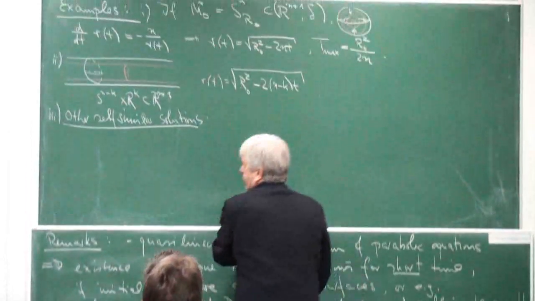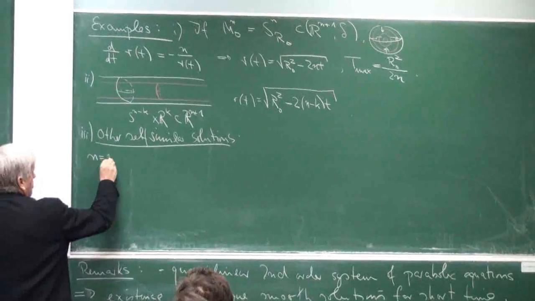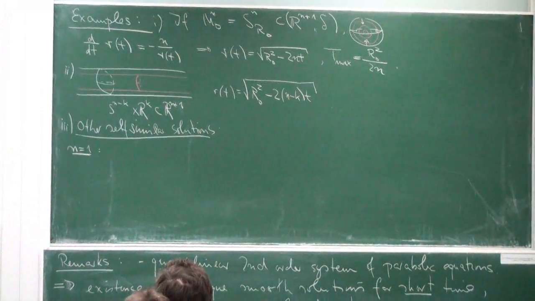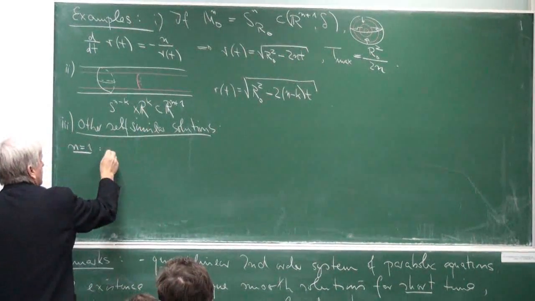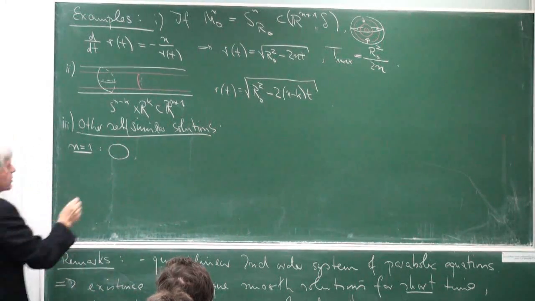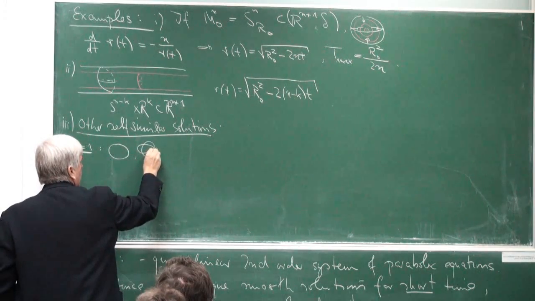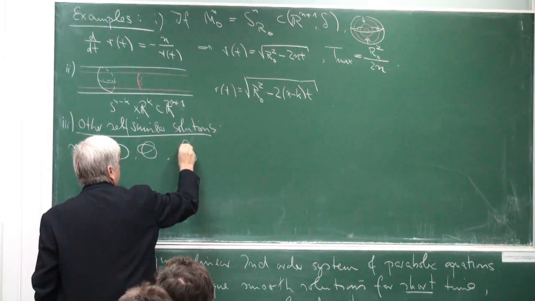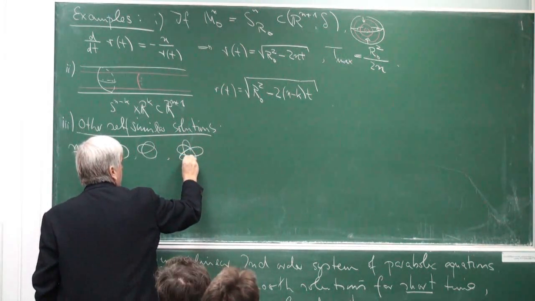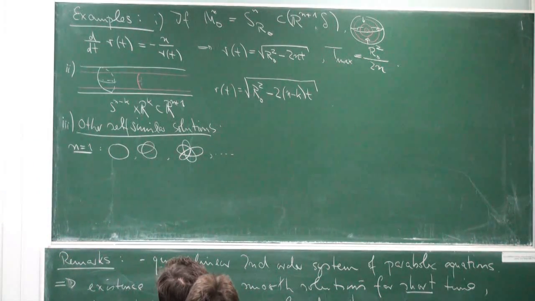For example, when you look for self-similar solutions for n equals 1, you find, of course, the circle, just like this one for n equals 1. The circle shrinks to a point. But then you get a curve like this. And you get a curve like this. And so on. You get a whole one-parameter family of curves with more and more leaves.